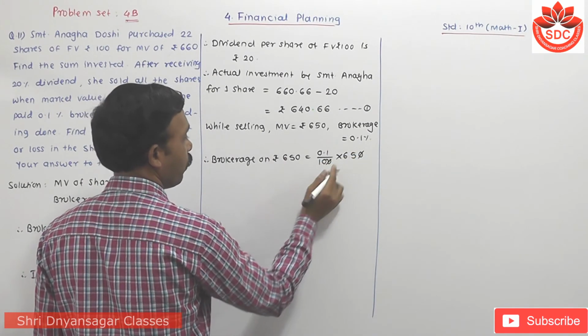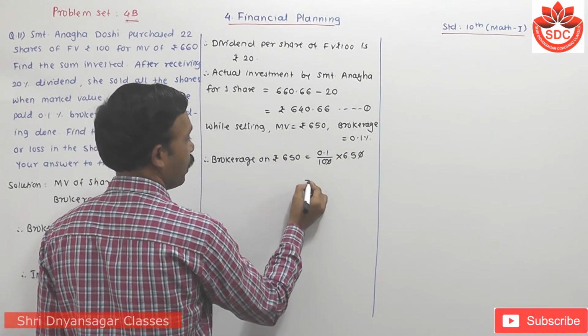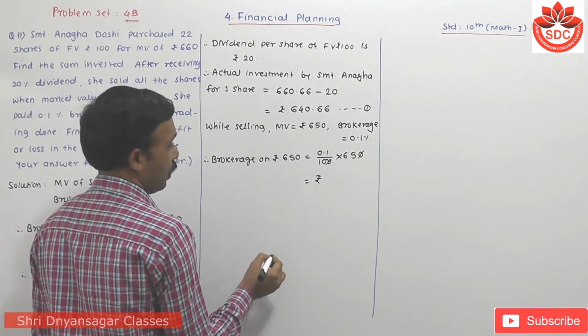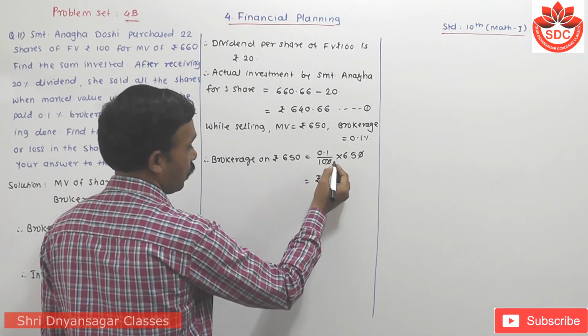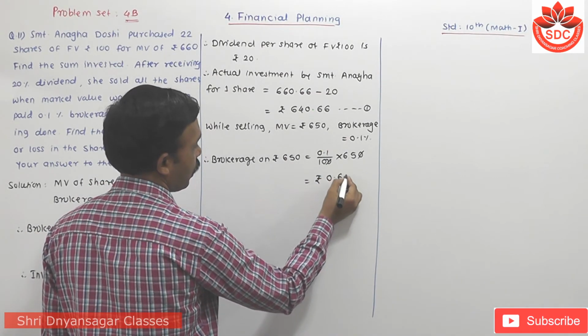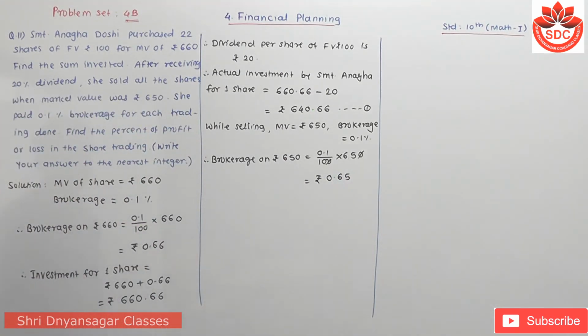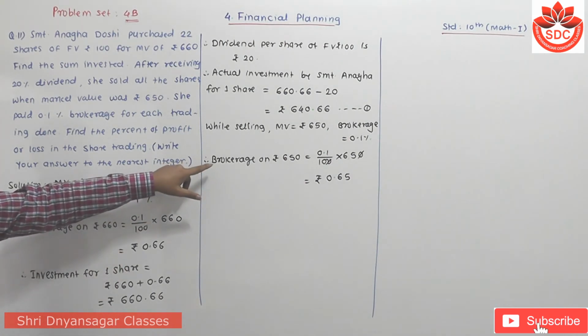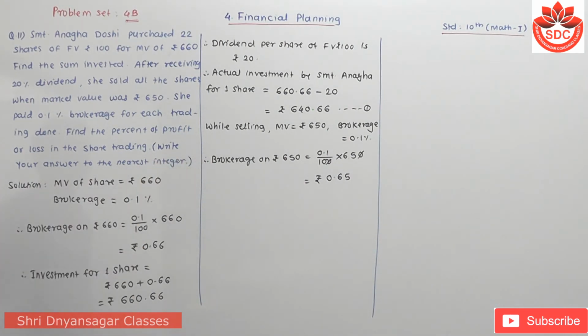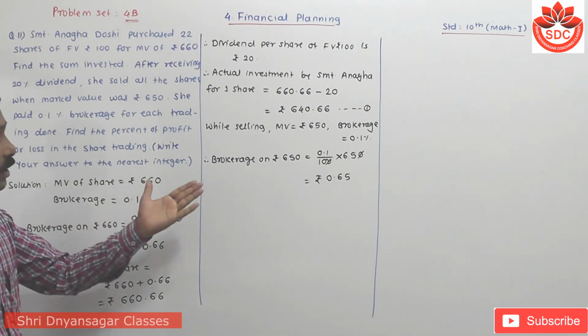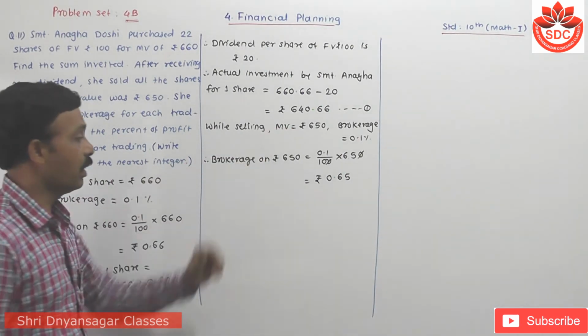cancel, means that 6.5 here will divide by 10, then this amount is equal to 0.65. Now student, on selling one share, you have to subtract this value from this market value.